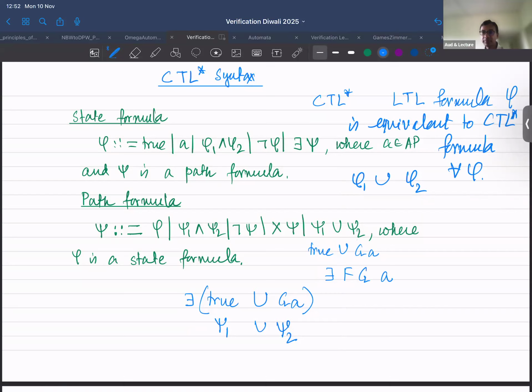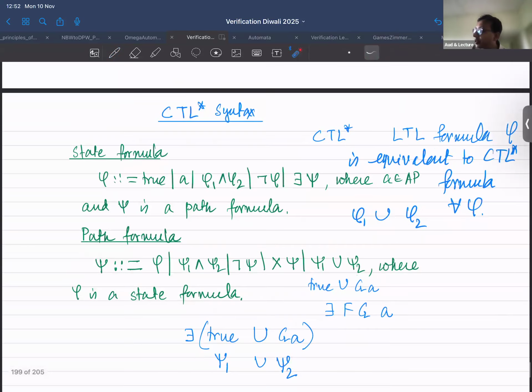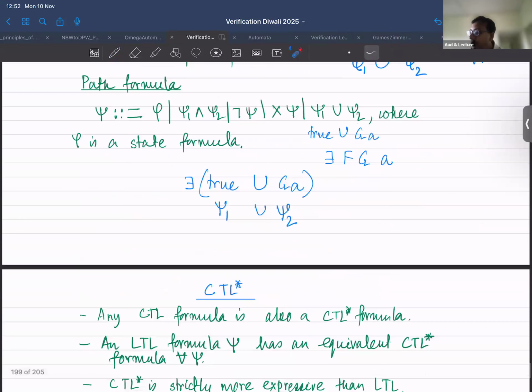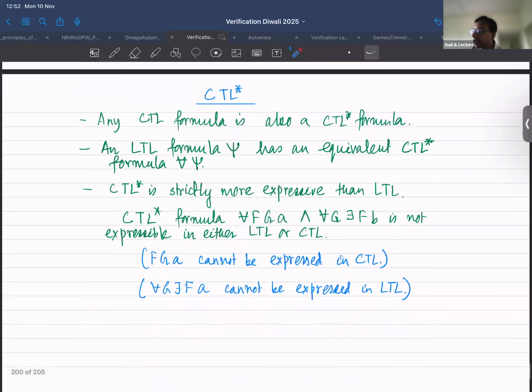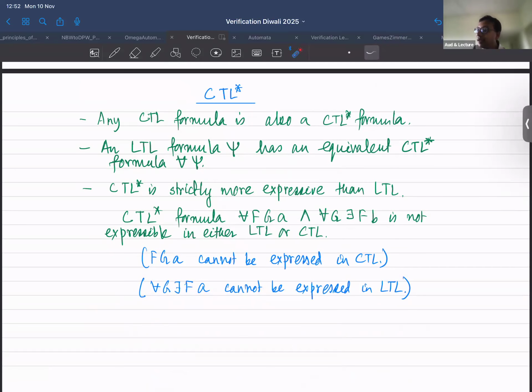So if you're given an LTL formula phi, you can always construct a CTL star formula which is of the form for all phi. And any CTL formula is also a CTL star formula. Any LTL formula psi has an equivalent CTL star formula of the form for all psi.